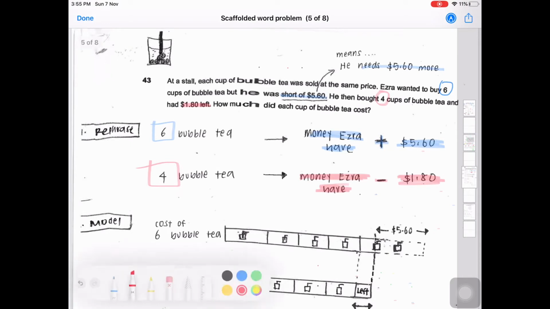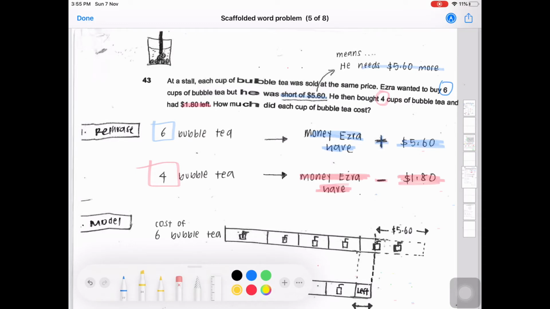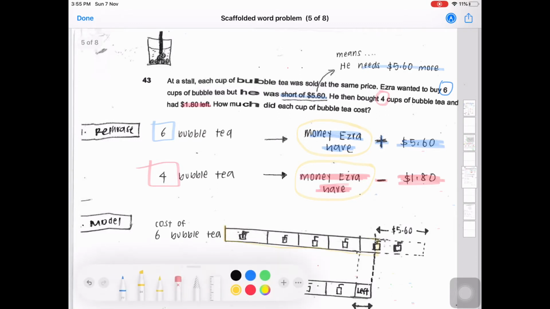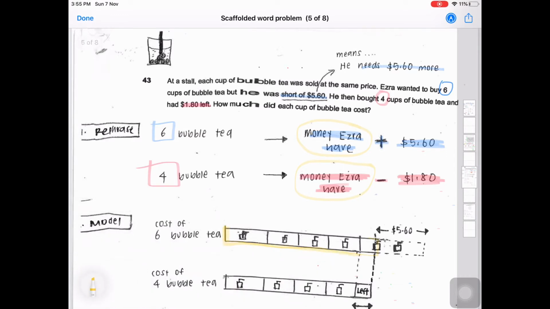Now, let's draw a model to represent the money that Astra has. These two data, which is the money that Astra has, is the same. So let's look. I'm going to highlight the part which shows the money he has. So this yellow part shows the money that Astra has at first.